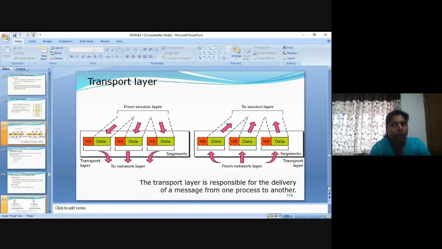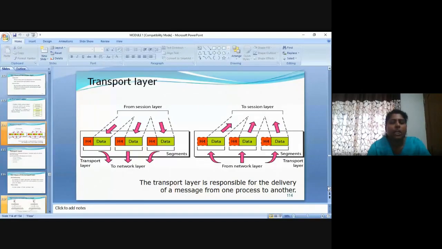Now, if the letter reaches exactly my cousin, that is taken care of by the transport layer. Understanding? If the letter is reaching the correct person to whom I have written it, that function is taken care of by the transport layer.